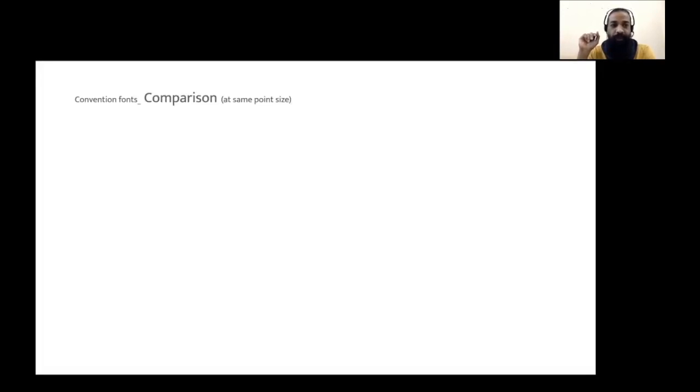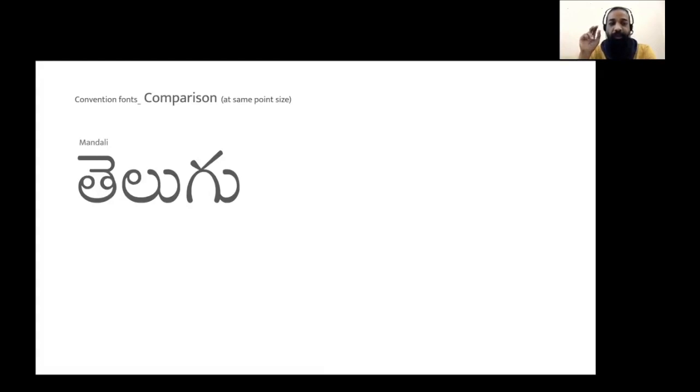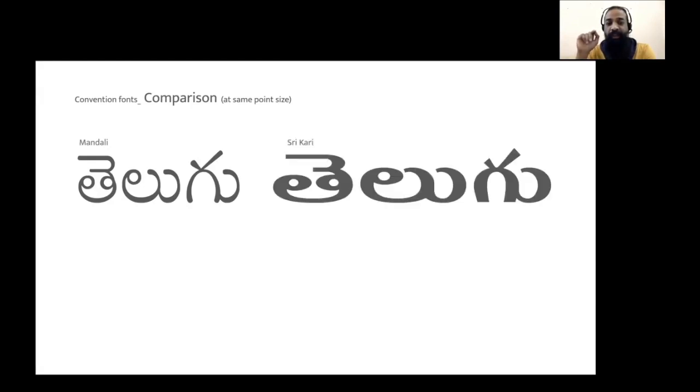Comparing with the conventional fonts, this is the most popular font in Telugu called Mandali. It is designed by Mr. Purushot Kumar, and he is the one who has helped me with the backend coding of Sri-Kari.